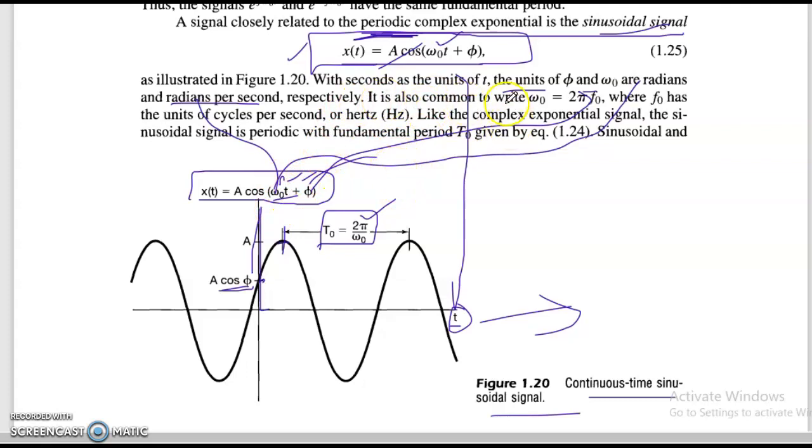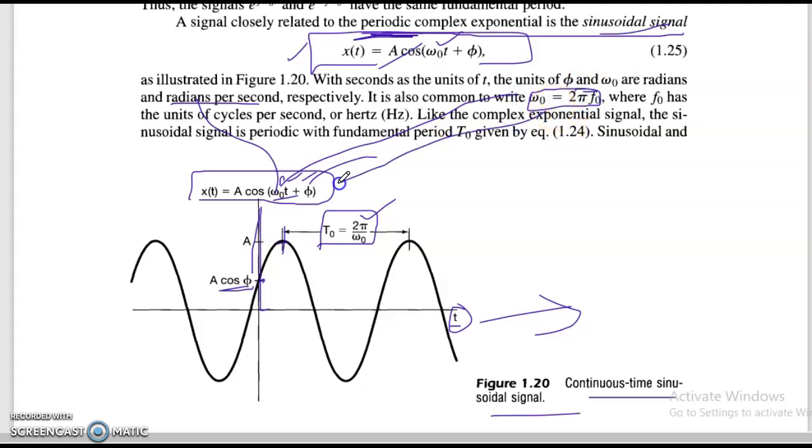It is also common to write omega naught equal to 2 pi f naught, where f naught has the units of cycles per second, or hertz.